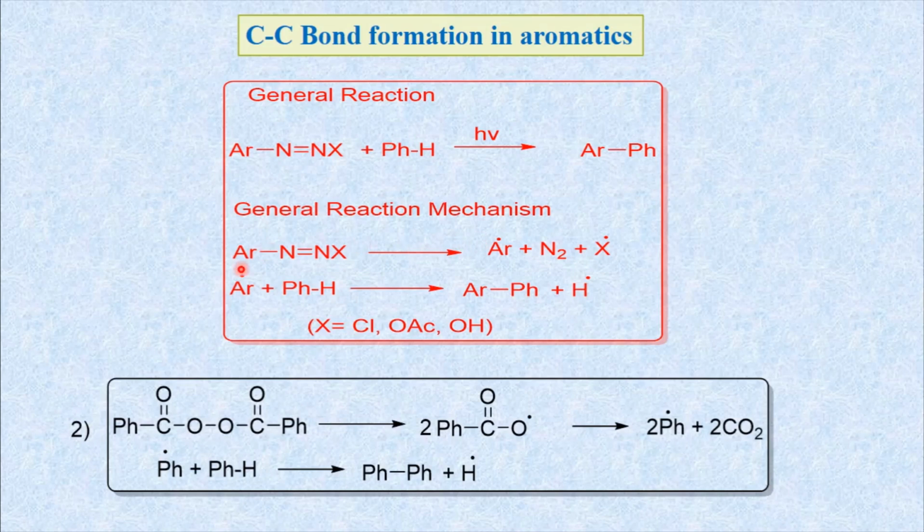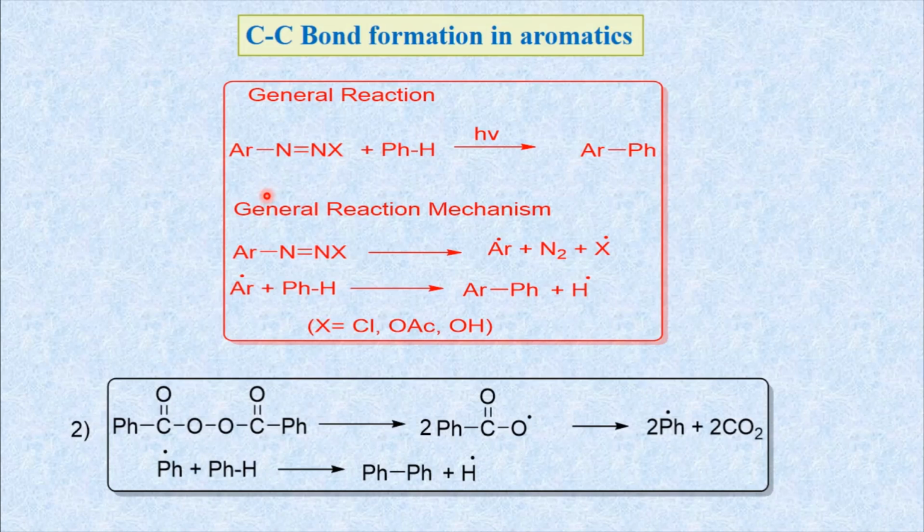Now in the next step, this Ar radical reacts with your aromatic solvent. It takes hydrogen, so the breaking of this Ph-H sigma bond takes place. It generates Ph radical. Then this Ph radical reacts with this Ar radical. You will get this final product. So this is the simple reaction mechanism.